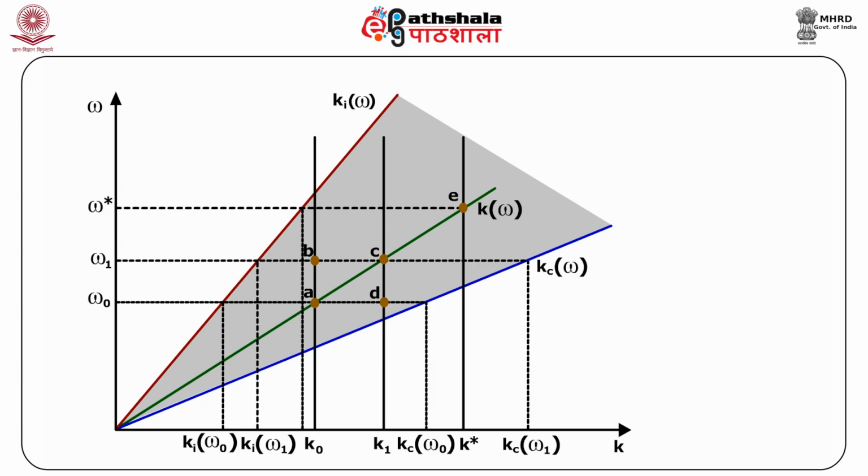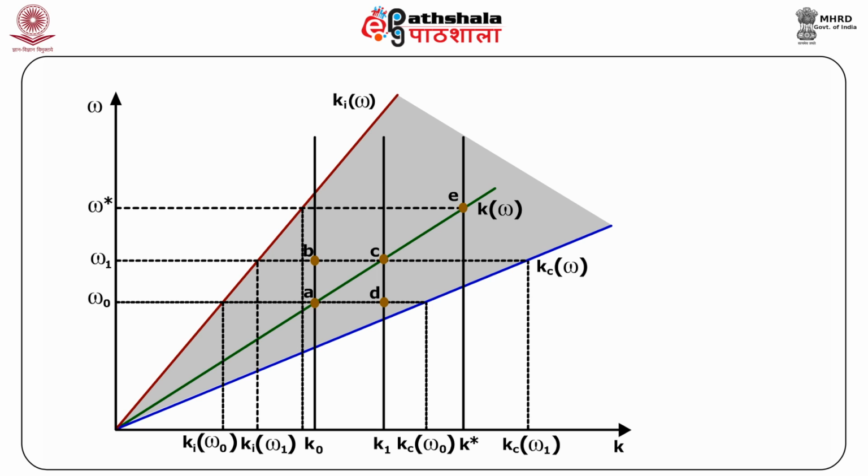Thus, the corresponding sectoral allocations Kc omega 0 and Ki omega 0 are equilibrium allocations. That is, lambda C Kc omega 0 plus lambda I Ki omega 0 is equal to K0. In contrast, for initial capital stock K0, the wage profit ratio omega 1 is not market clearing. So, lambda C Kc omega 1 plus lambda I Ki omega 1 is not equal to K0.